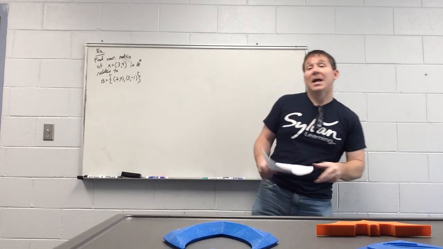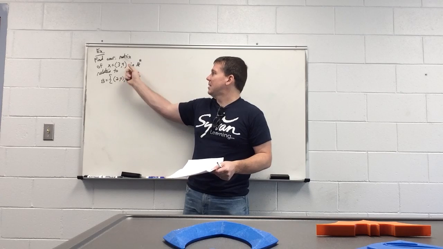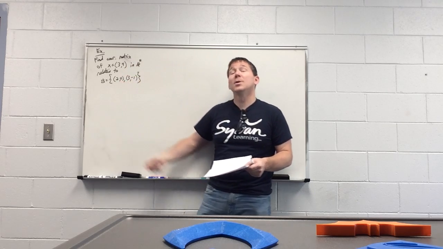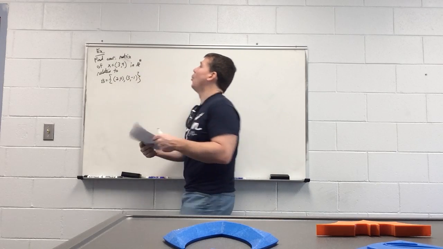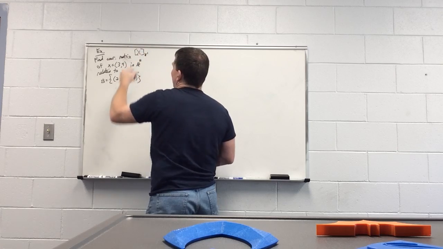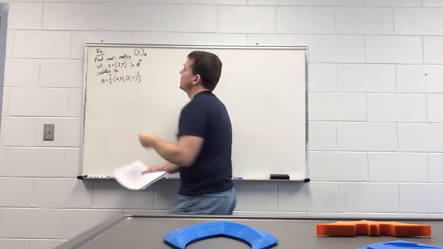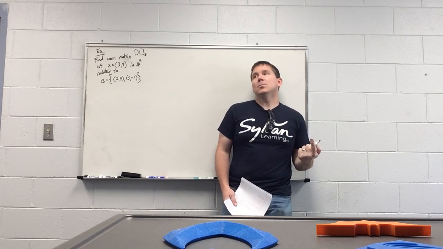So now I'm given a vector in R2 relative to a non-standard basis. Now I want to find the coordinate matrix [x]_B, or [x]_B'. I called that B, so we'll say [x]_B. How do I do that?